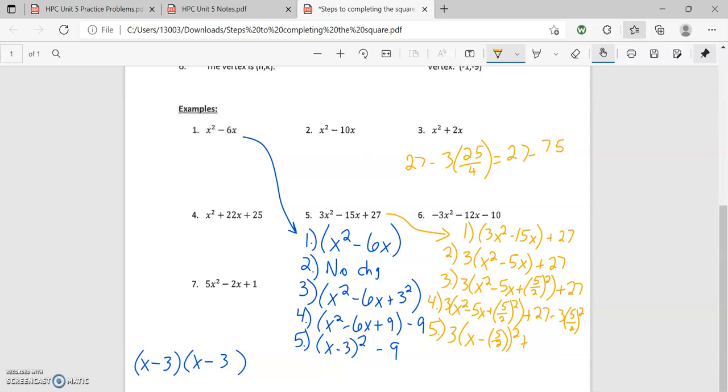So 75 fourths. So 27 in fourths, that's 108 fourths. Minus 75 fourths gives you 33 fourths. So plus 33 fourths. And there you go. That is your simplified version of your completed square.